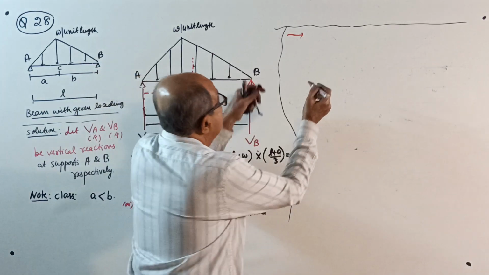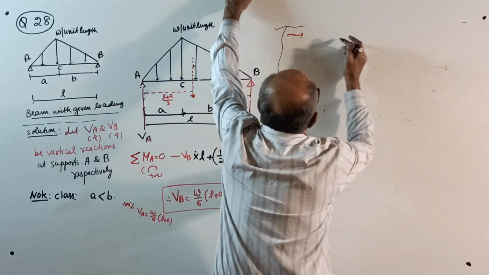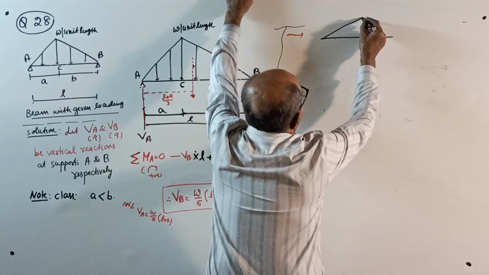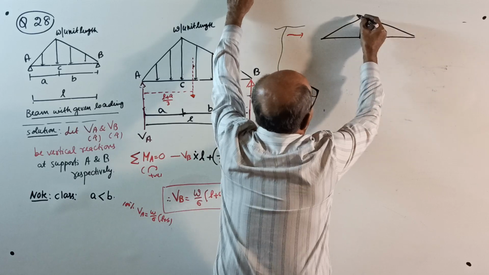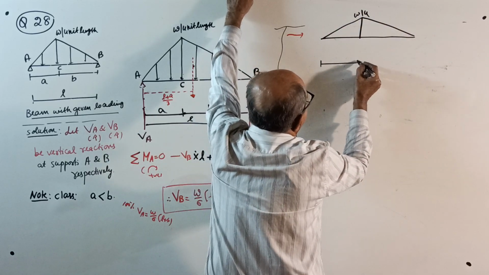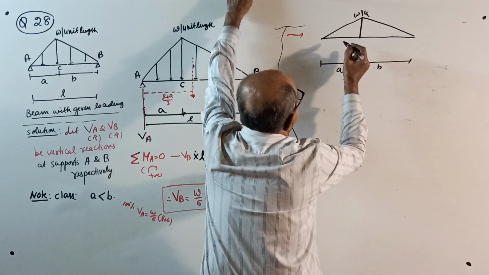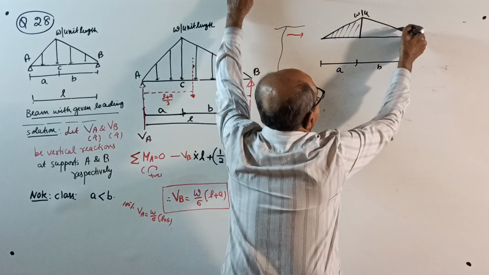With W per unit length, this is A, this is B. Now, this is one triangle, this is the other triangle.